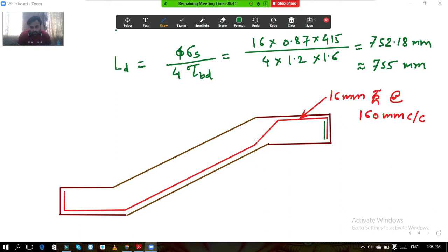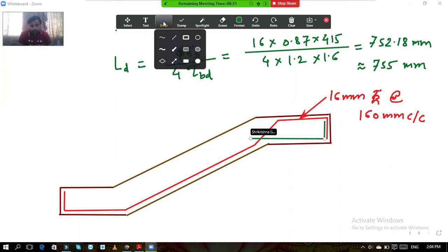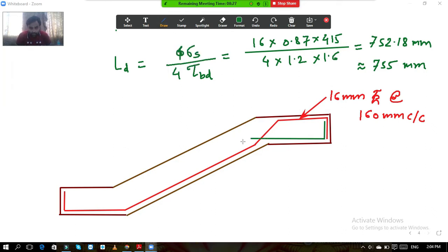So this will move further somewhere here. Okay. And now from this point, it bends and it will move like this. Okay, this is the bar which is provided for the development length.